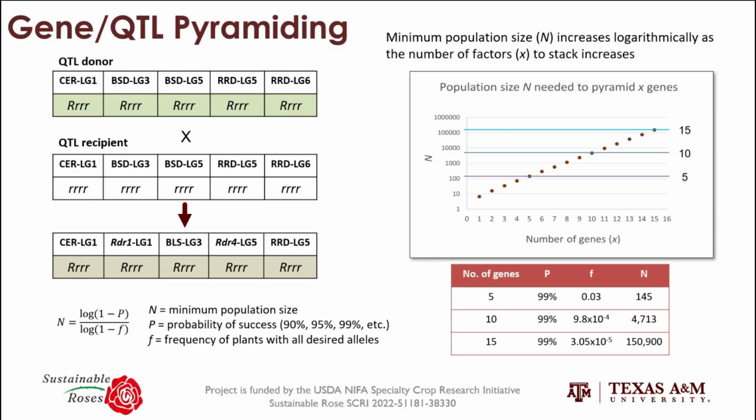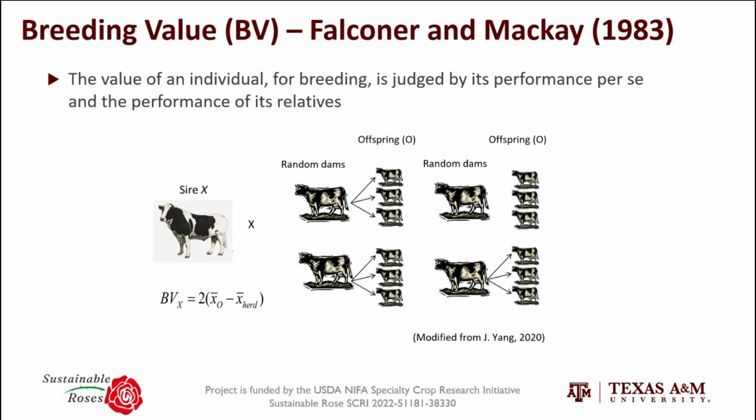If they're complementary and you cross them, you can get progenies that are going to be better or worse. If they are the same, you're going to make a cross, and the progeny are going to be just the same as the parents were. All right, so you can work with the same alleles or different alleles as long as they're favorable. And that's what the genomic prediction approach allows you to do.